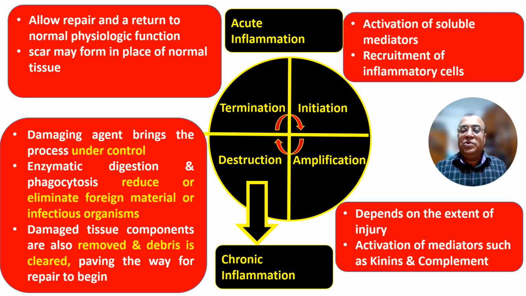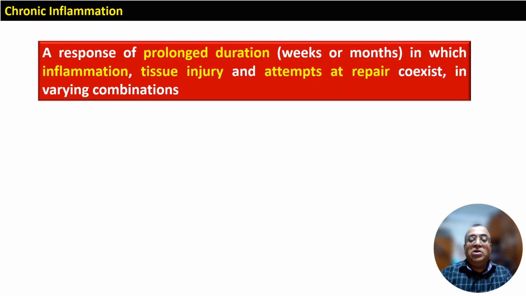So in this video, we are going to see what chronic inflammation is. Tissue response to injury is inflammation, and when this response of the tissue is of prolonged duration, covering weeks or months, in which inflammation, tissue injury, and attempts at repair coexist in varying combination, it is termed chronic inflammation.